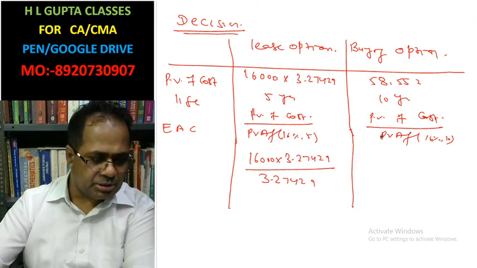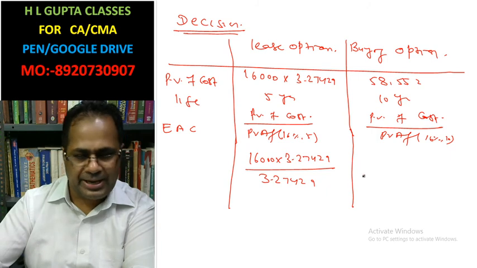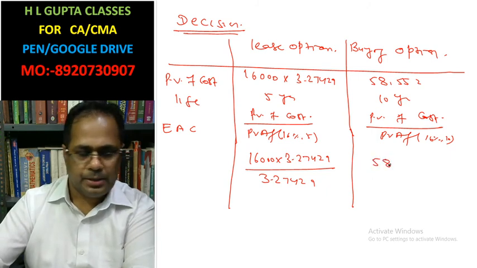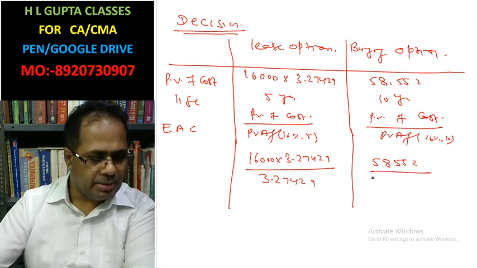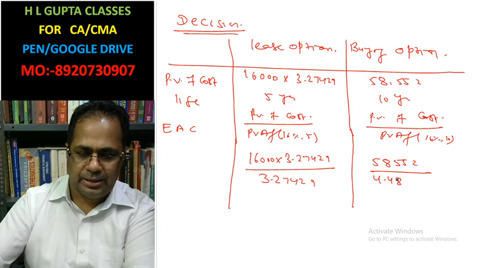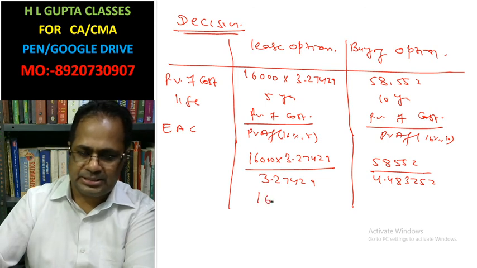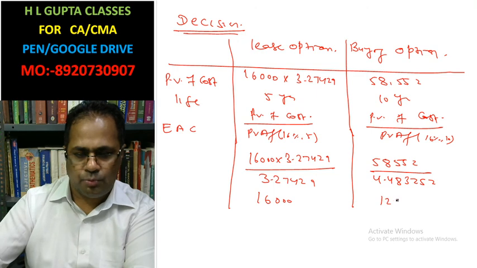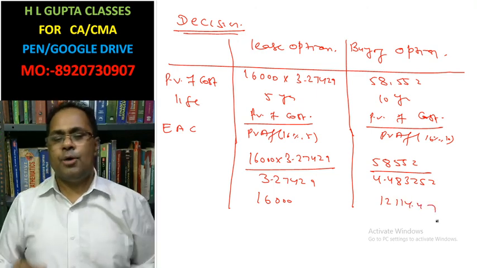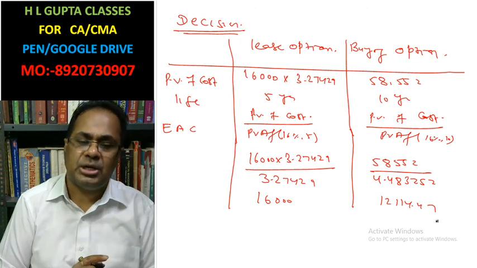In this case, 58,552 divided by 4.8332. This is the 16,000. This is 12,114.47. Out of these two options, which one has the lowest cost?